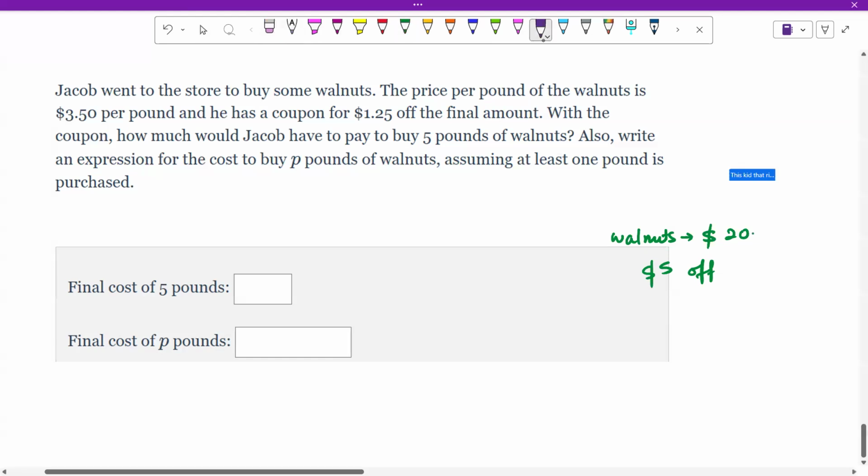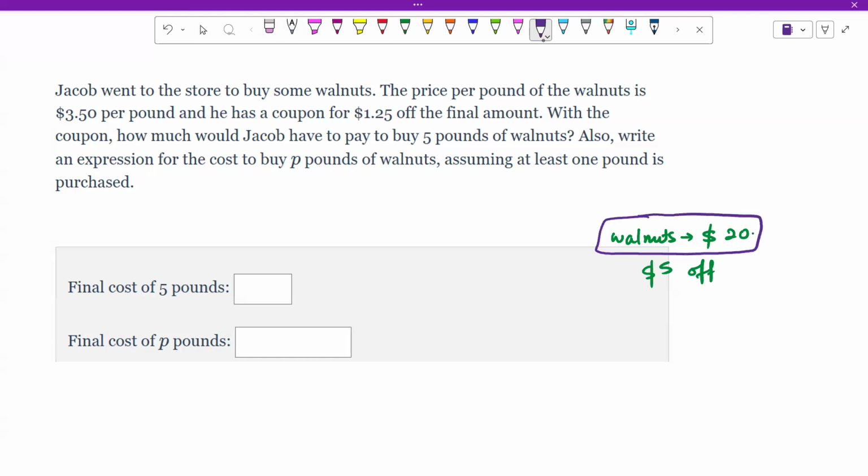What do you think? What will the person have to pay at the end? The person is there to buy walnuts. The shopkeeper had a discount going on, and he had a special offer. If someone buys walnuts for $20, that person will be getting $5 off.